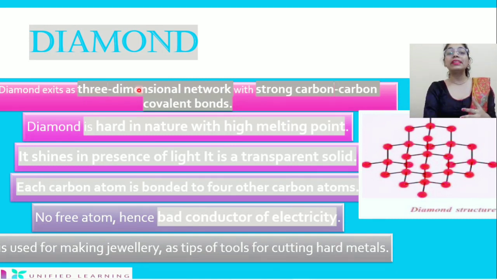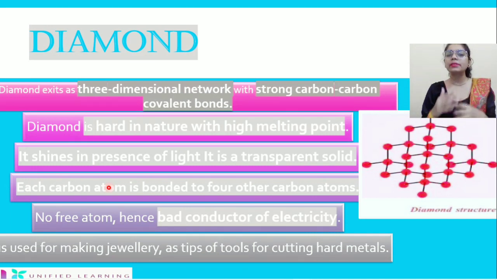Okay, so diamond is a 3-dimensional network with strong carbon-carbon covalent bonds. Due to that, it is hard in nature with a high melting point. As you can see in the structure, it is very tight, मतलब बहुत ज़्यादा ही close है एक तरीके से, ठीक है.